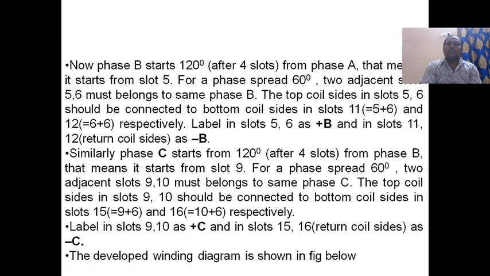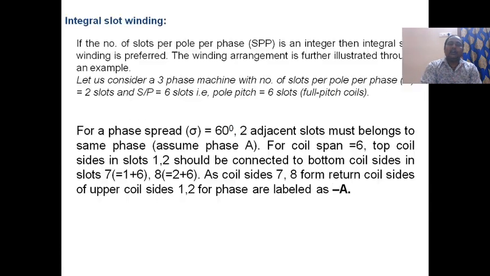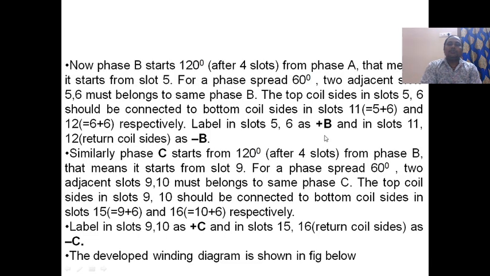Why? Because 5 plus 6 is equal to 11, and 6 plus 6 is equal to 12. Already the given data says the coil span is equal to 6. Please observe carefully. Label slots 5, 6 as plus B, and slots 11 and 12 as the return coil sides. Since 5 and 6 are plus B, automatically 11 and 12 are minus B.